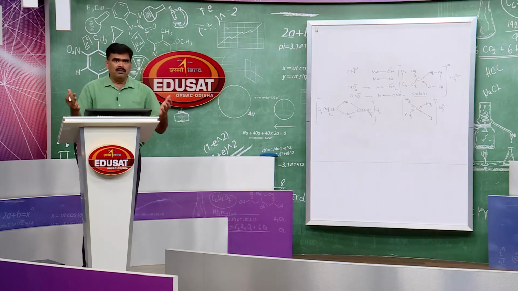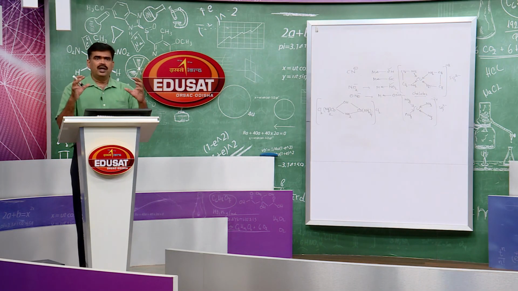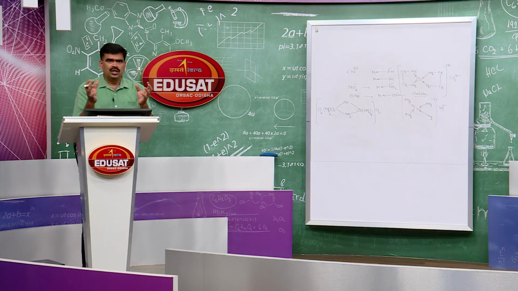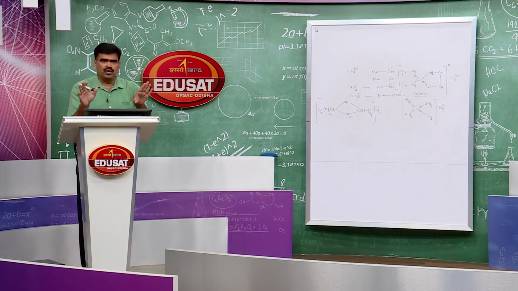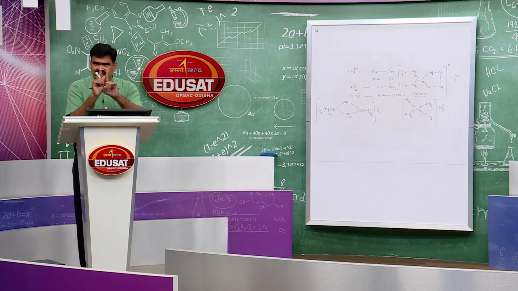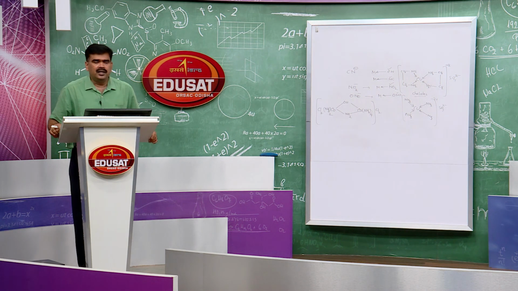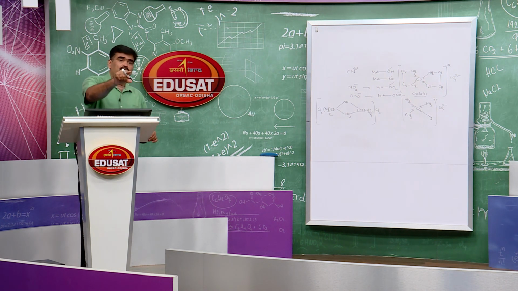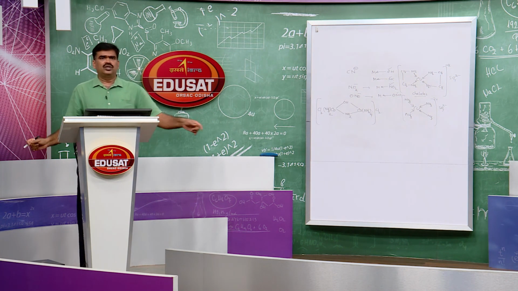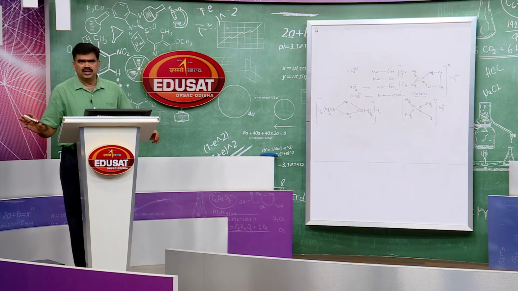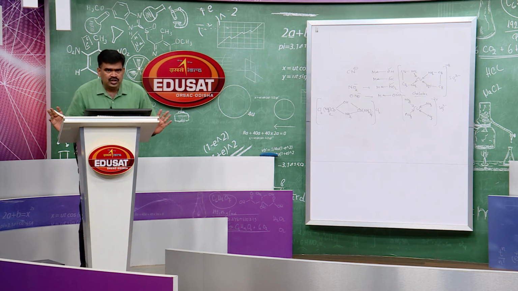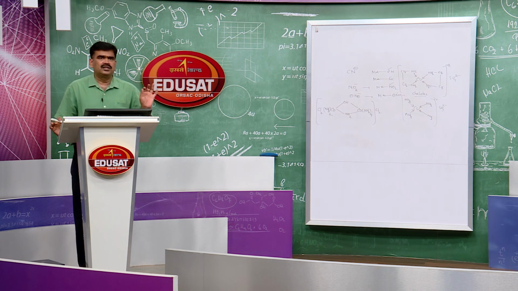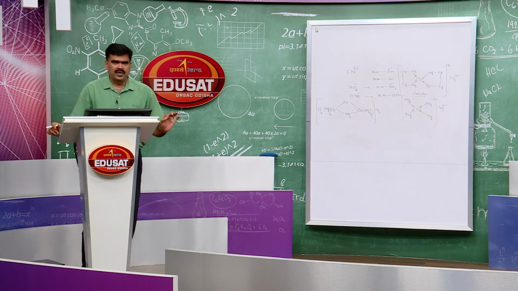Complex: it is a molecular compound containing two different compounds or salts. They are not present in stoichiometric ratio, but they retain their identity and show their own properties both in solid state and in solution state. Then we discussed the central metal atom.